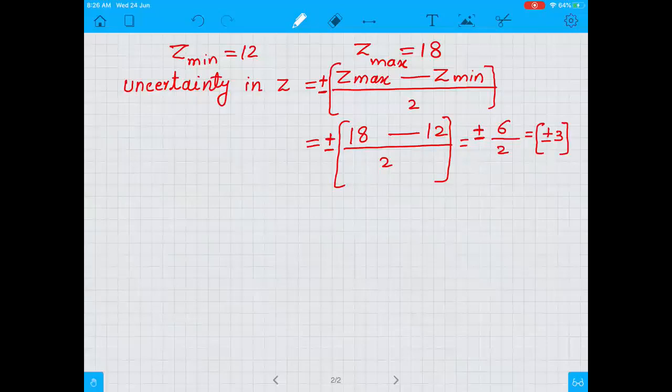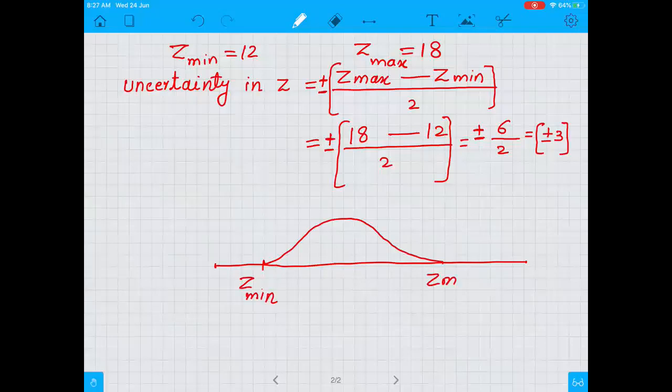If I explain this concept on a graph, then you need to understand that the quantity Z, you will assume Z to be symmetric in the given range of minimum to maximum. And this is Z average.